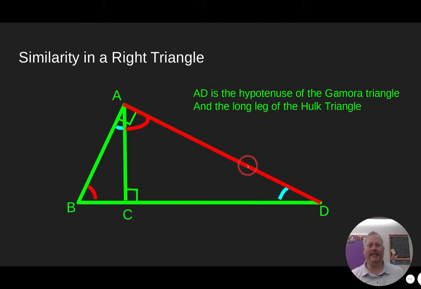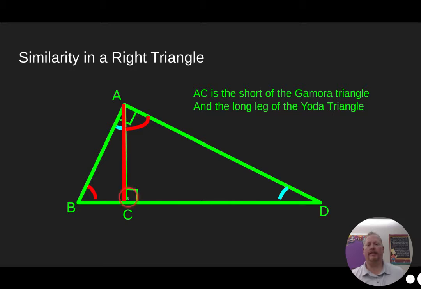Okay, side AD is the hypotenuse for the Gamora triangle, and it's also the long leg of the Hulk triangle. And finally, side AC, that's the short leg for the Gamora triangle. It's also the long leg for the baby Yoda triangle. Okay, so that's going to help us visualize things as we go to find missing lengths.